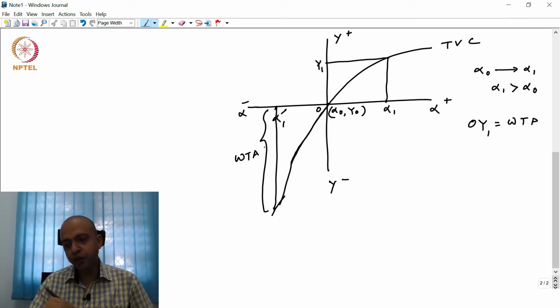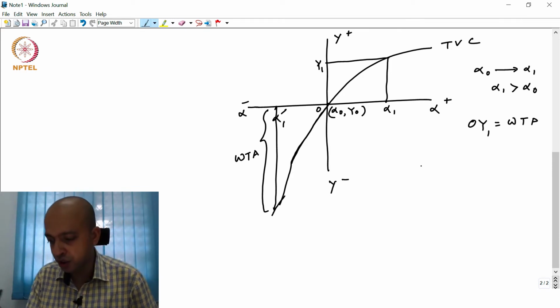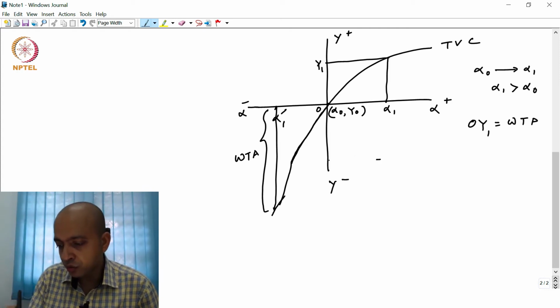From the diagram itself it is very clear, so what is the point we can make?